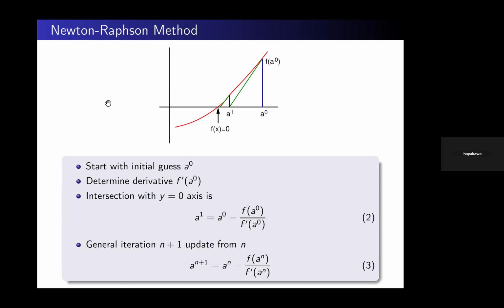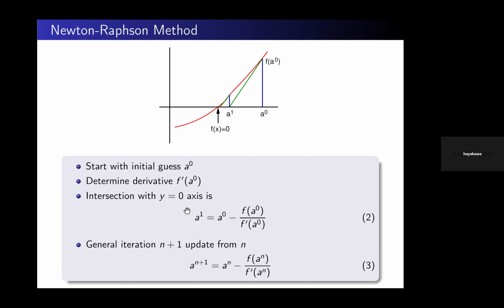You might have used this in a numerical analysis class where you take a function, you're trying to find the root of the function. So you start with an initial guess, determine the function at that initial guess, determine the tangent or the derivative of the function at that point, and then find where it intercepts. And this is your update. So you're moving closer and closer to this root here.